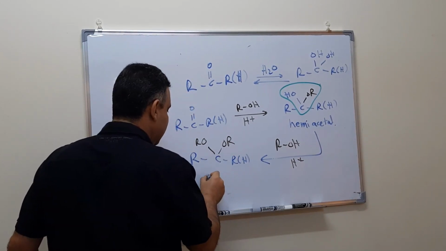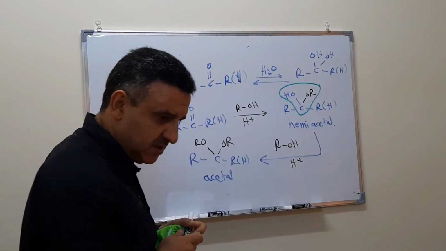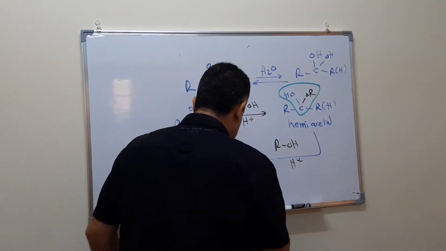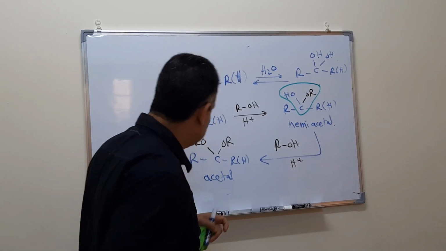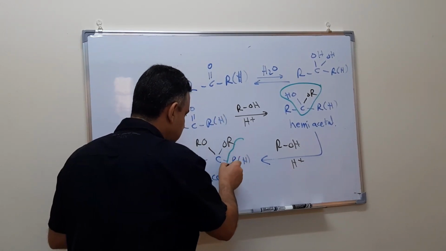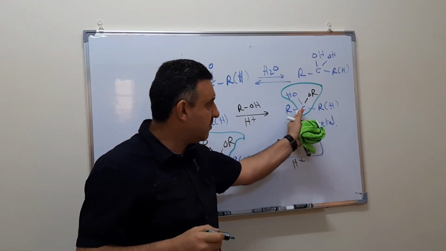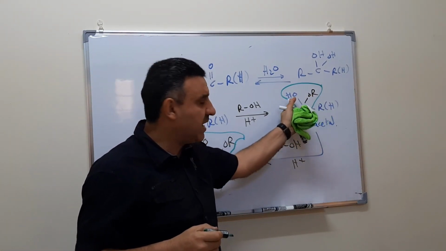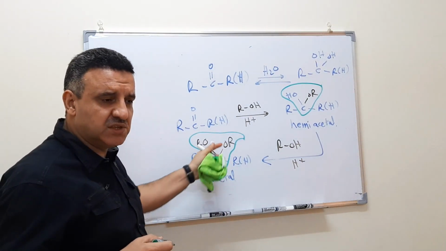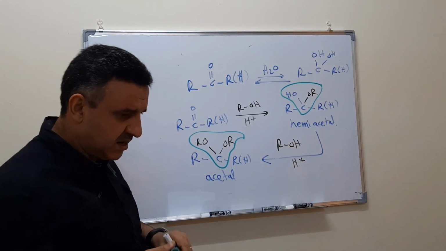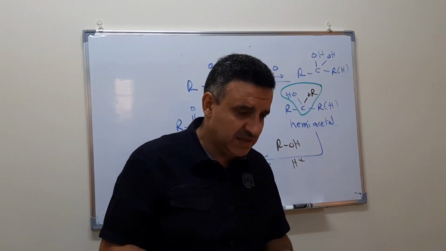Here we call this acetal. Again, we have to recognize it nicely: the acetal in this case is a carbon, as you can see, attached to 2 alkoxy groups. Hemiacetal is carbon attached to 1 alkoxy group and 1 OH. Acetal, carbon attached to 2 alkoxy groups. So please be aware of how to recognize the acetal and the hemiacetal.